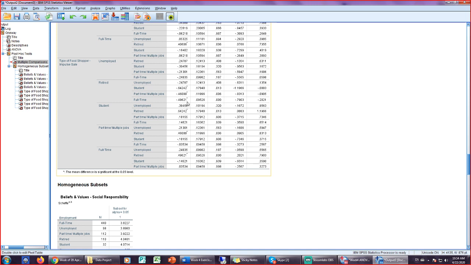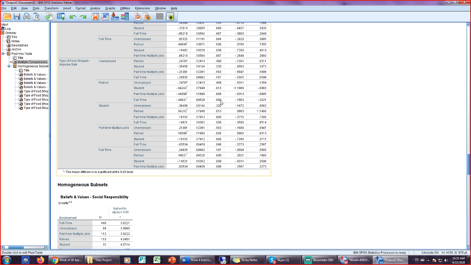Now, what I also want to highlight is the mean difference. That's the column right beside the names. See the asterisk? It tells you which ones are significant in and of themselves. So you look for the asterisk as one way to see, and then you go over to the significance column and you can see the significance test there.